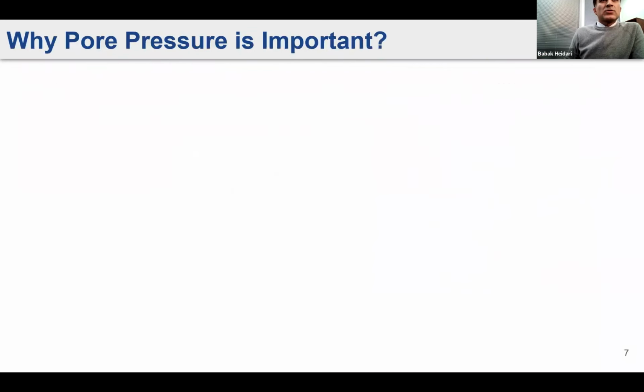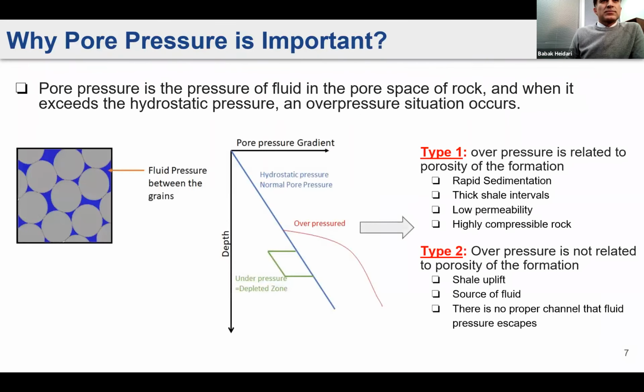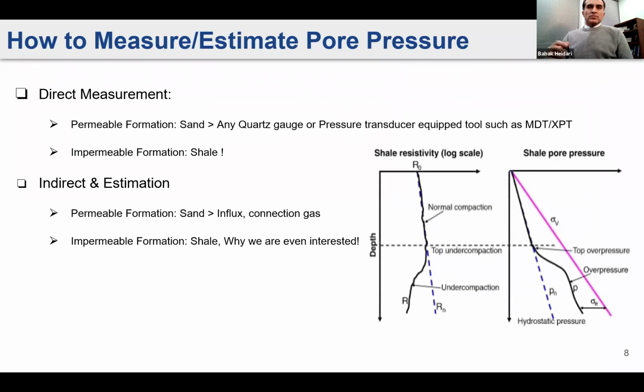Okay, that's a good question. Let me go to my pore pressure slide. It depends. If you are starting to explore that field, most probably the only information you have is seismic data, seismic velocity information, and this seismic data can give you an indication.